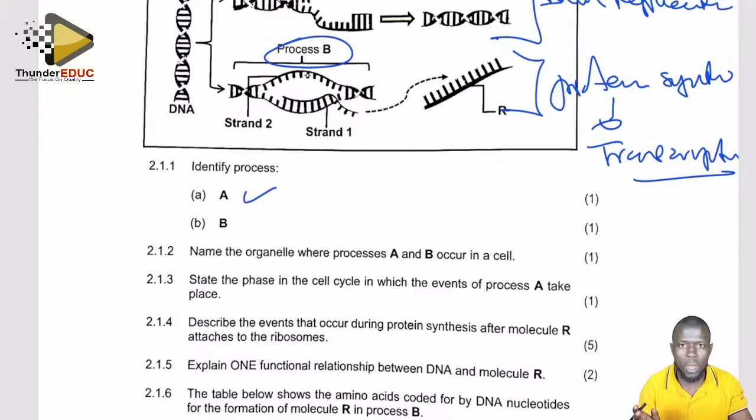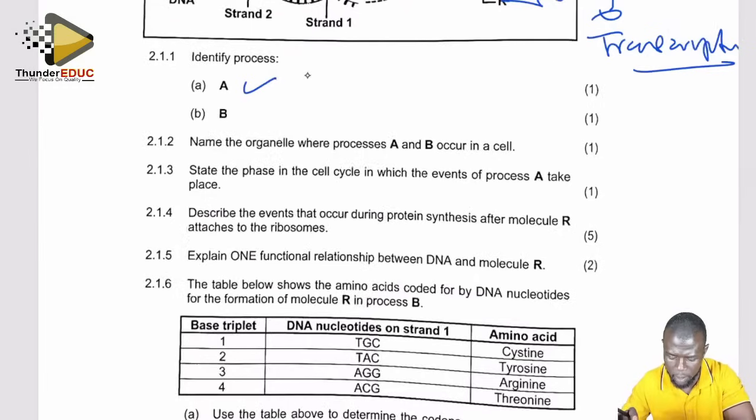You can talk about two new DNA molecules being formed, while on this side messenger RNA is being formed. So you look at the differences and the similarities. They can ask you those questions. They can also talk about the differences between the nucleotide of DNA and the nucleotide of RNA. So they can ask you a lot of questions concerning that.